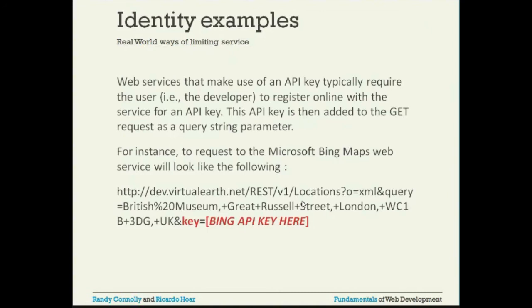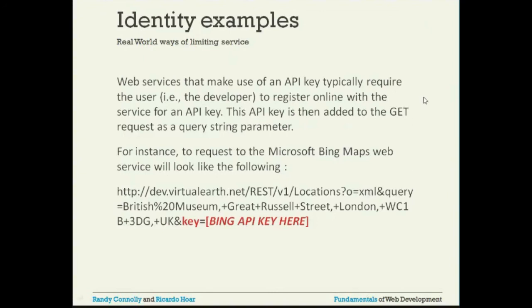After doing the registration, they will get the API key, and that API key should be added to the GET request. Before accepting that request, the key will be checked whether it's a valid key or not. If it is a valid key, then the web service will process and send the response.